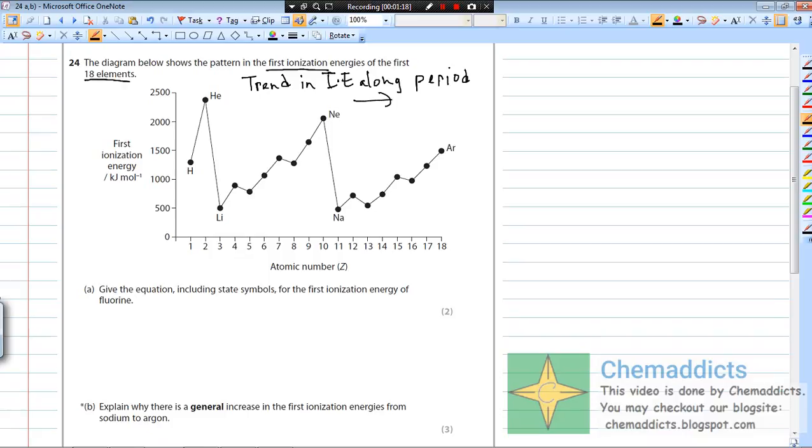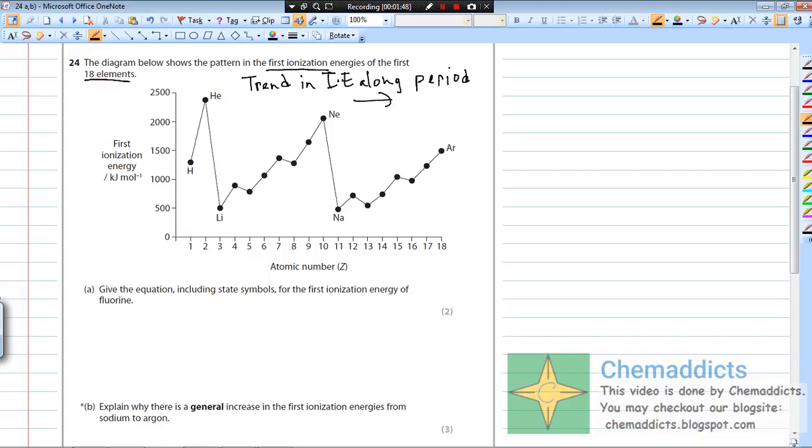Here, ionization energy is on the y-axis, and on the x-axis is the atomic number. So we can be sure that this is the typical graph for the trend in ionization energy along the period, not down the group. Now let us solve the first question.